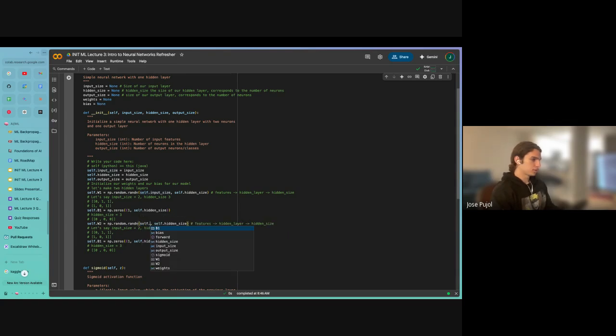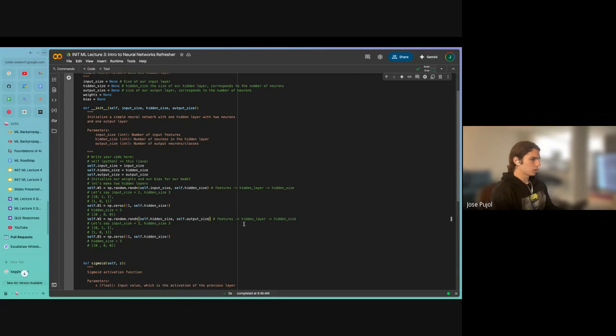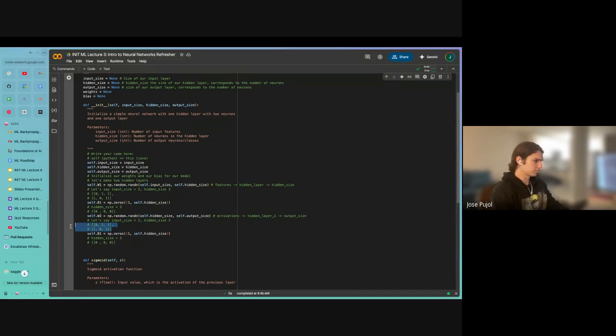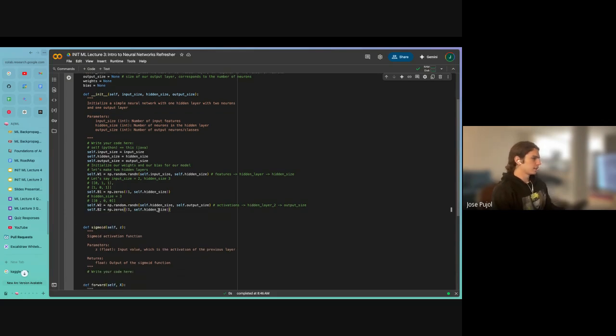So this would just be self.hidden_size, and then this will be self.output_size. So this would be activations coming in. Then this is hidden layer 2. And then you have your output size. I hope that makes sense. Does that make sense so far? And this is going to stay the same.